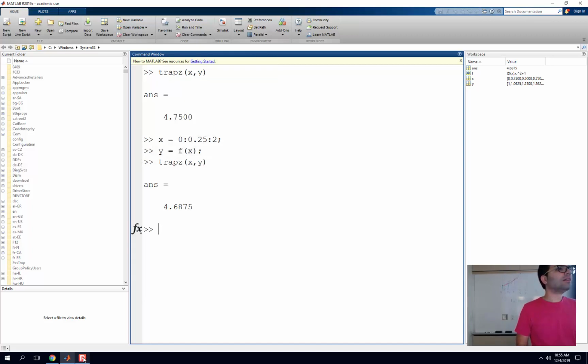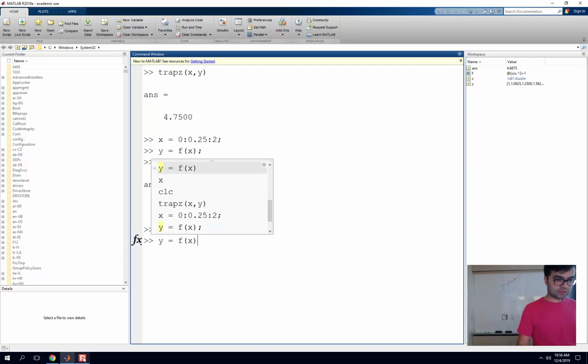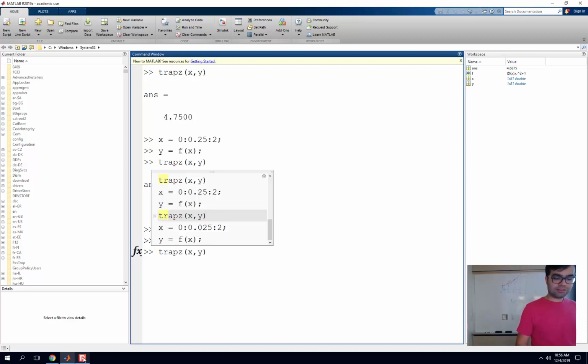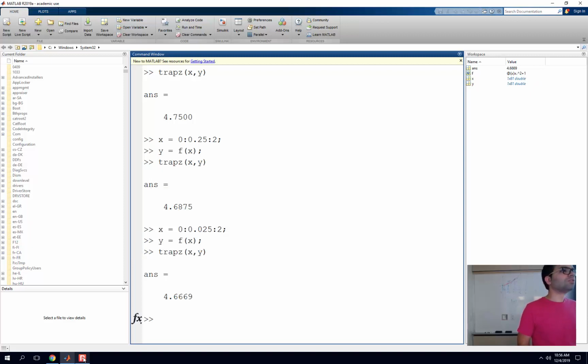It's 4.68 now, instead of 4.667. If I further decrease that step size, I will get closer and closer to the reality.